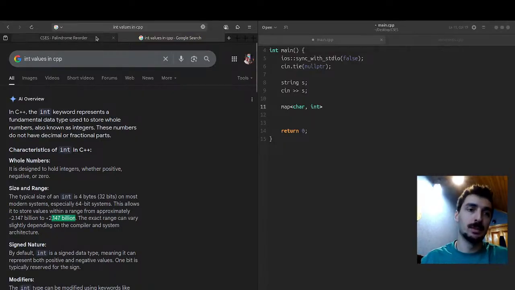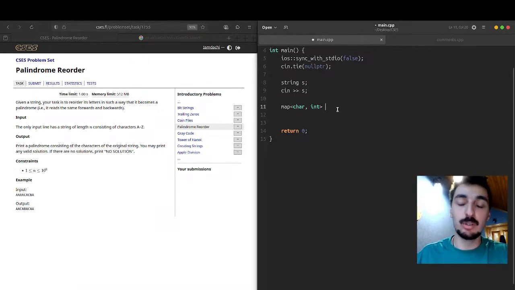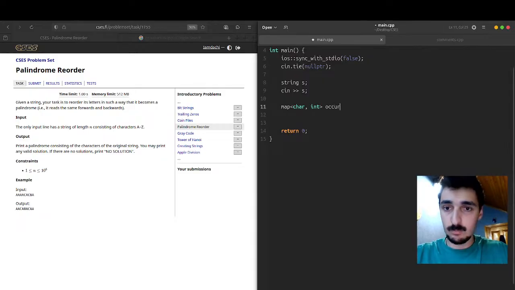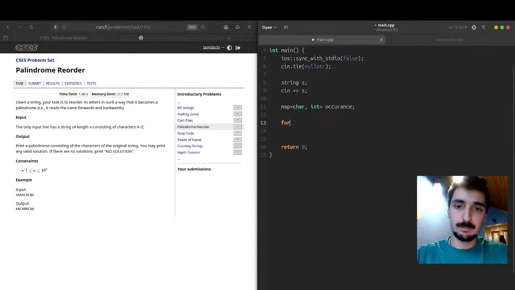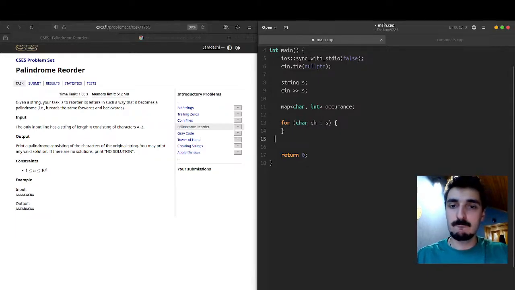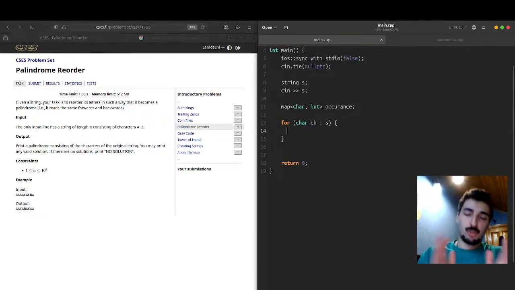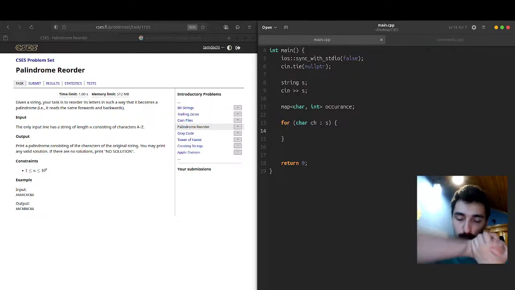So yeah, int will take care of this. Int should be enough. Occurrence. No, not auto, char.